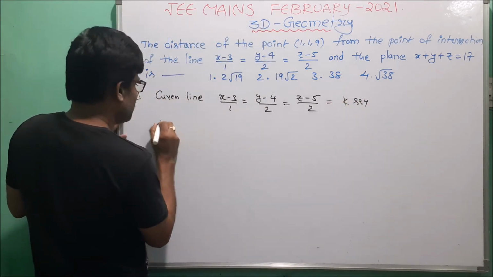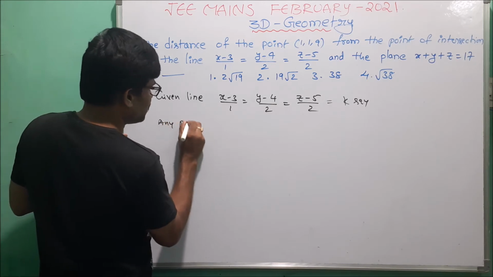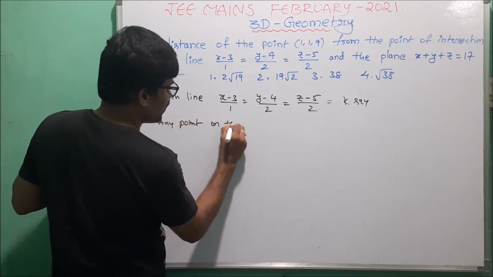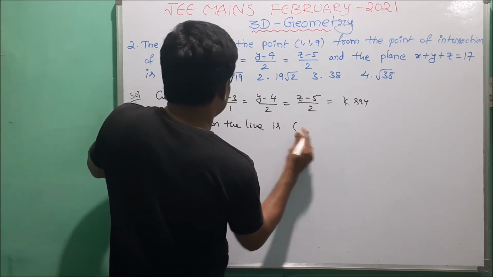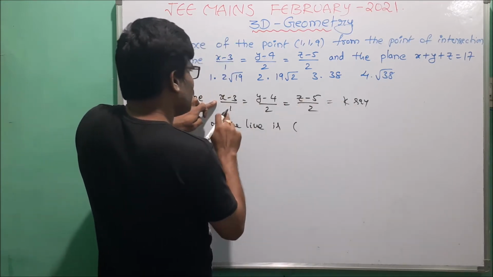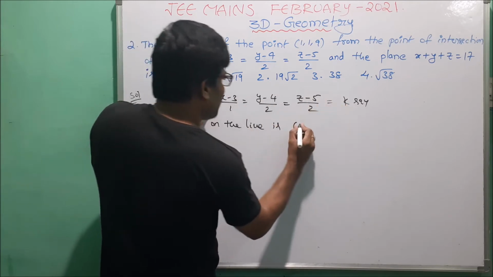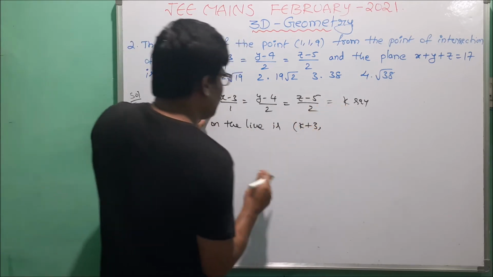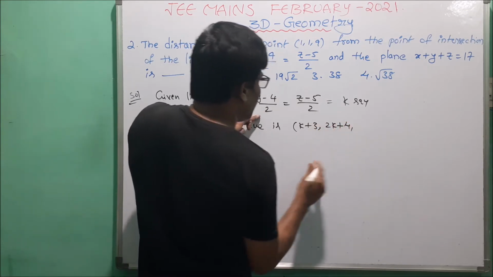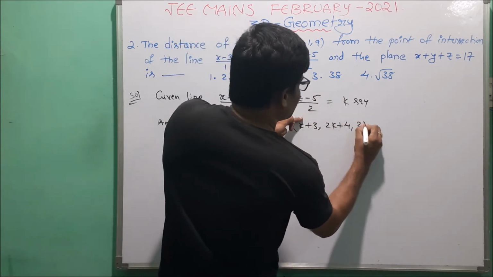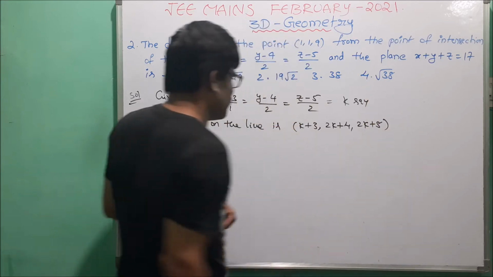Now here, any point on the line is, here we take x equal to 1 into k plus 3. This is the x coordinate. Similarly 2k plus 4 is the y coordinate, and 2k plus 5 is the z coordinate.